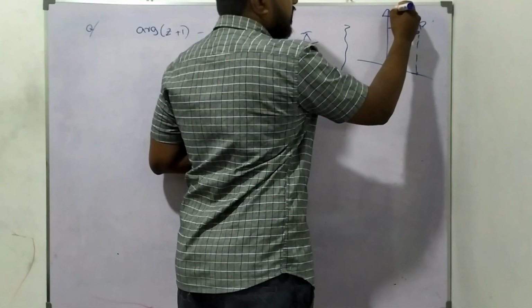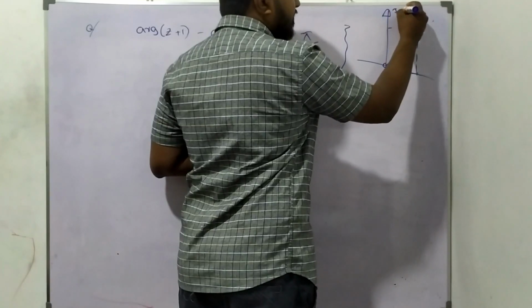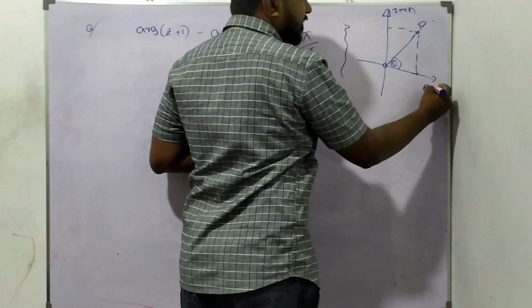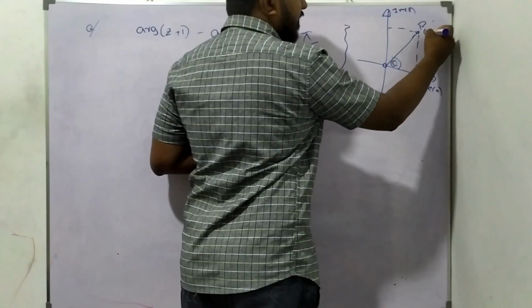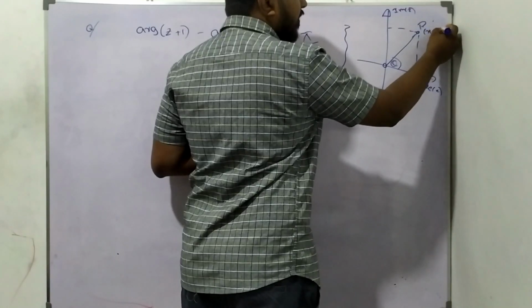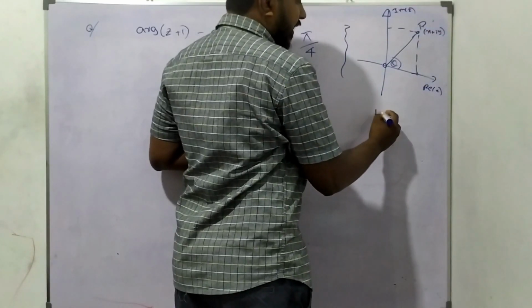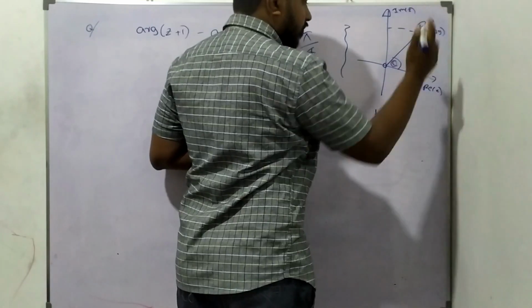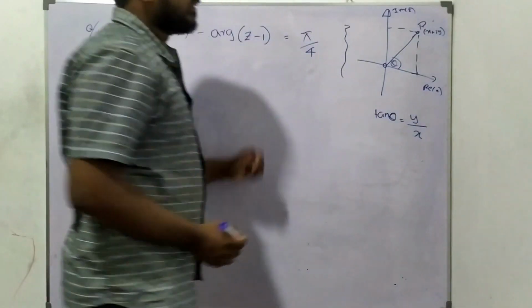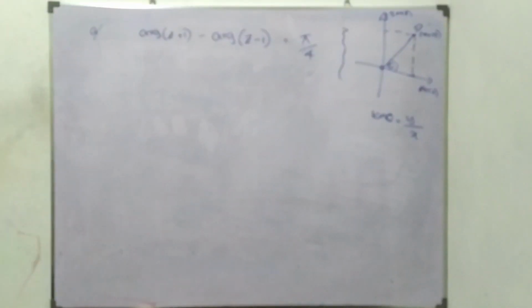This is my imaginary axis and real axis. This is x plus iy. So then tan theta becomes y over x, the imaginary part divided by the real part, right?